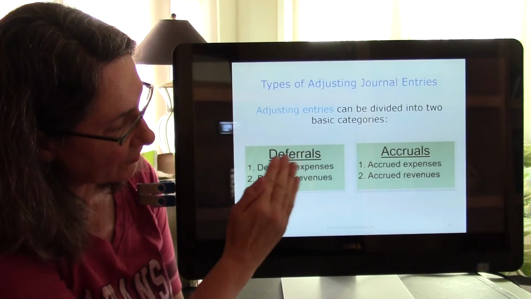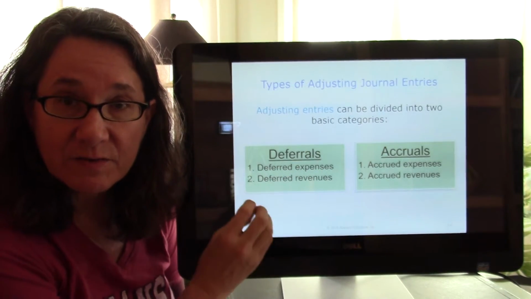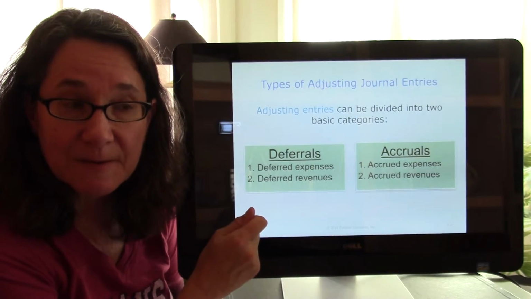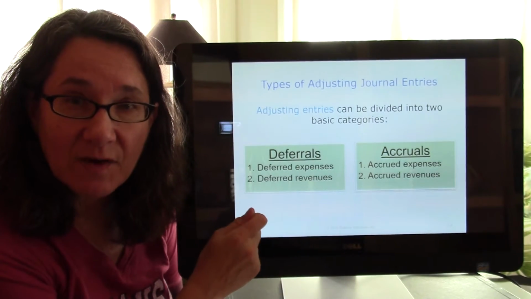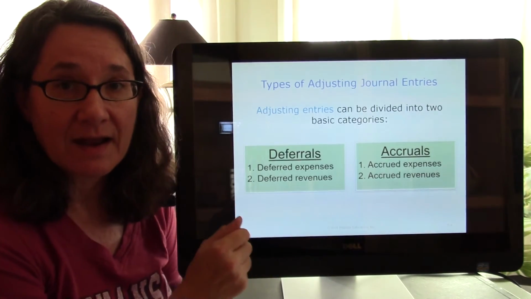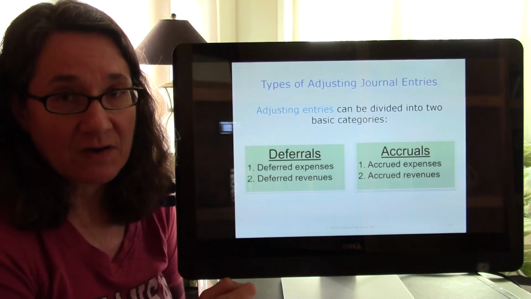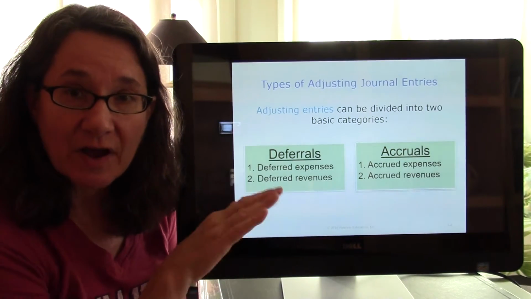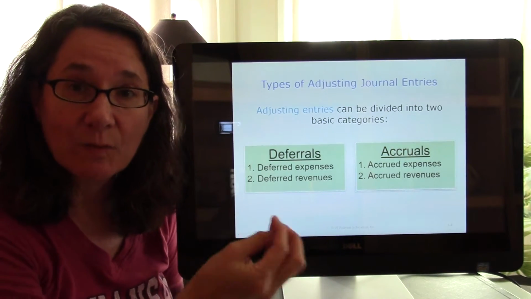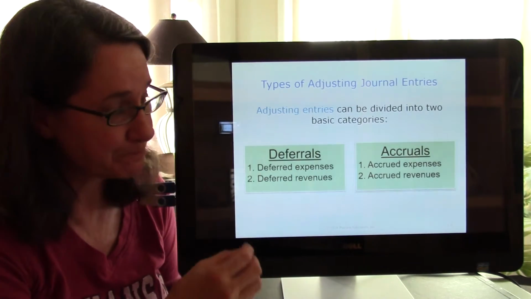So deferrals means something got paid up front, right? So think about an insurance policy where you pay 6 months up front. You've prepaid that expense, right? Think about that unearned revenue. I know we've talked about it. Unearned revenues are not revenues yet because we owe them the work, right? Remember we said that unearned revenues are liabilities.